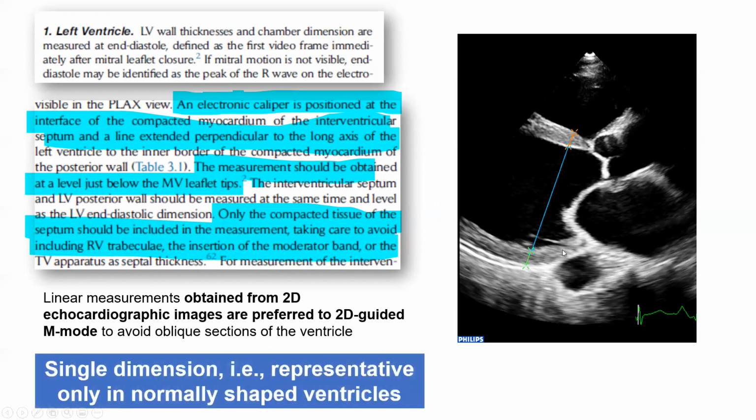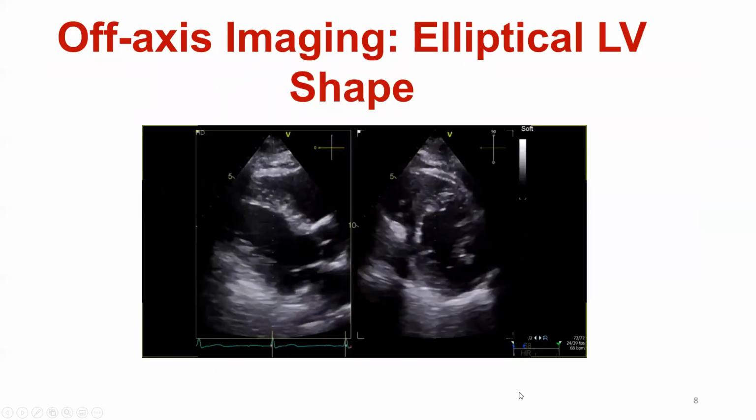Now, the single dimension in terms of giving us a heart size, the single dimension that I'm describing, is only valid if the ventricle is shaped normally. We'll get into this in a second.